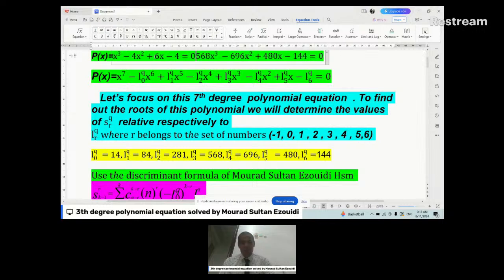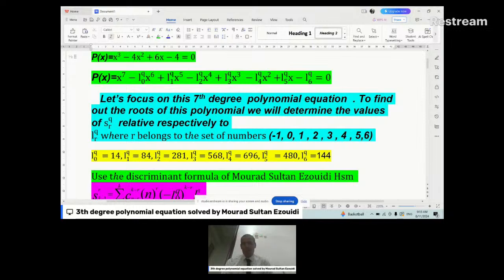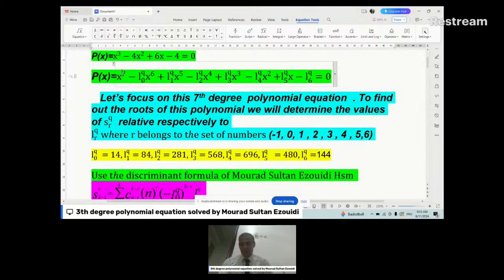We are going to find the roots of this third degree polynomial equation, and we'll show that the roots are 2 and 1 plus or minus i. Here, of course, is 3, this is 2, this is 1, and this is negative 2. I will ignore the rest.